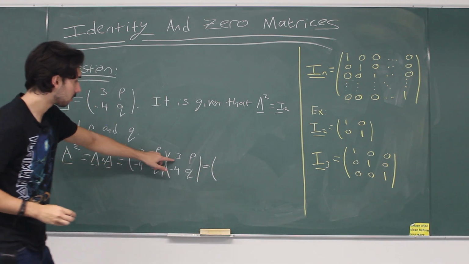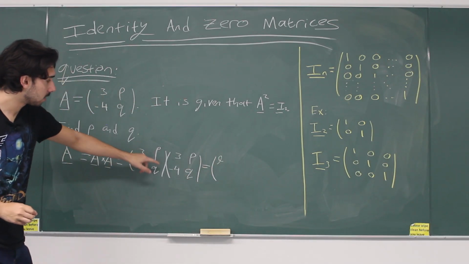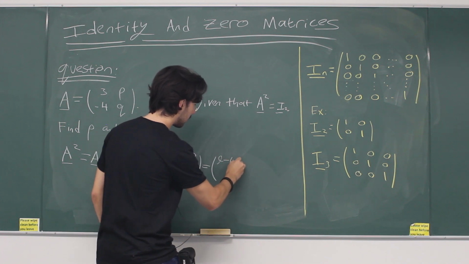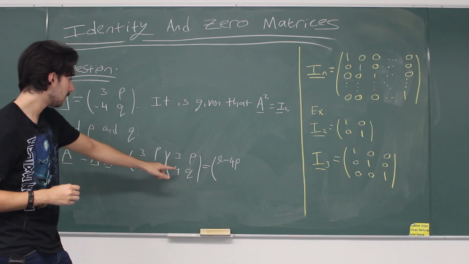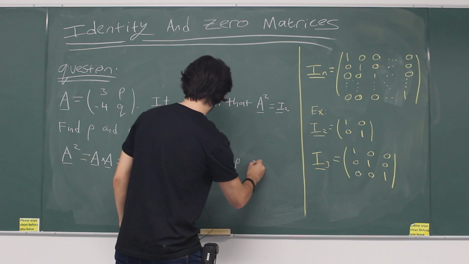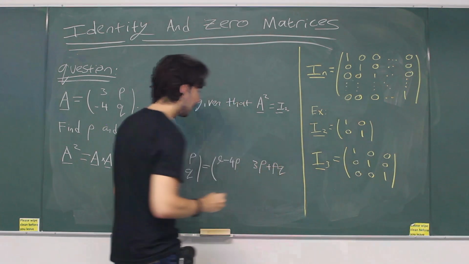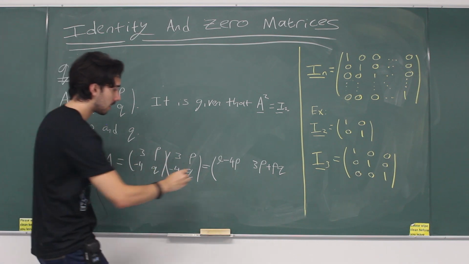So 3 times 3 is 9, plus P times minus 4 is minus 4P. Okay. Then 3 times P is 3P, plus P times Q is PQ. So 3P plus PQ. Okay. Bottom left, minus 4 times 3 is minus 12.